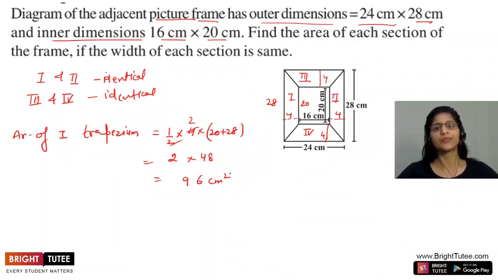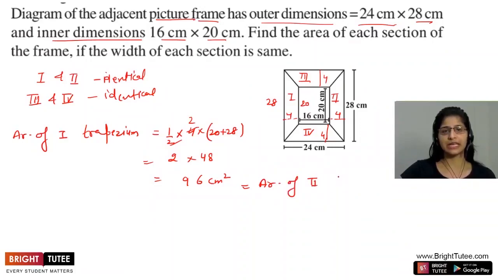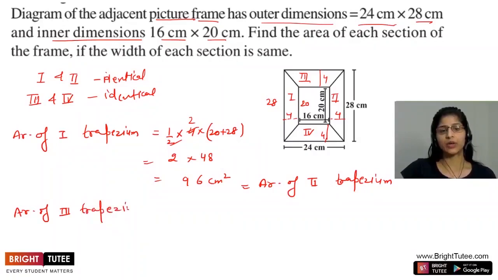What about the second? The second portion also has the same dimensions, the same kind of trapezium, so it has the same area. Similarly, we can find out the area of the third trapezium, that will also be equal to the area of the fourth trapezium. They both are identical.